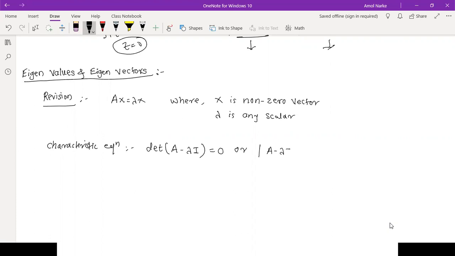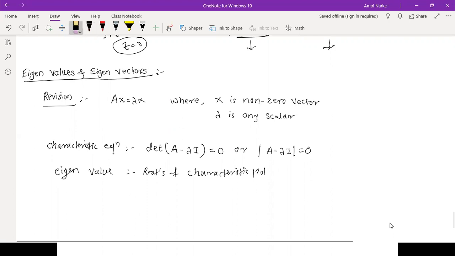This will give the characteristic equation. What is an eigenvalue? Eigenvalues are nothing but the roots of the characteristic polynomial, or characteristic equation. Yes or no?